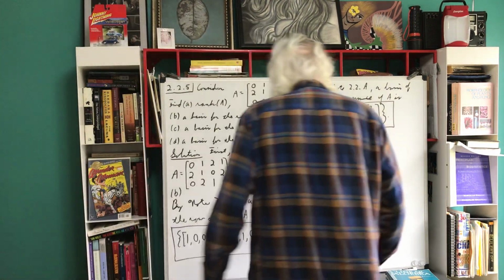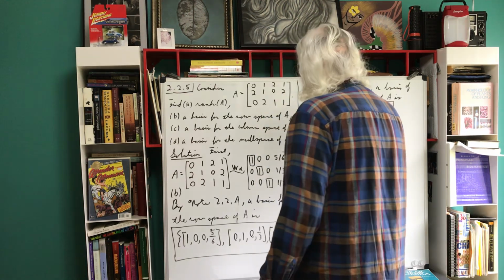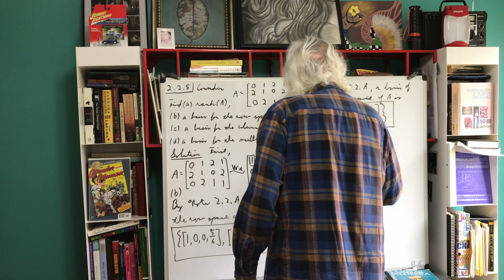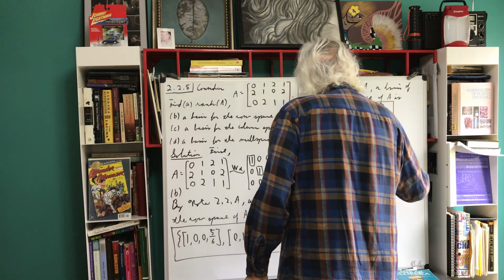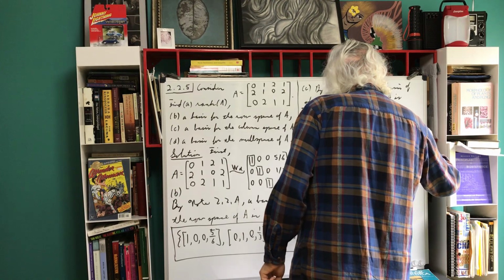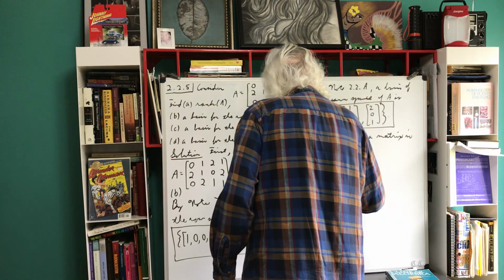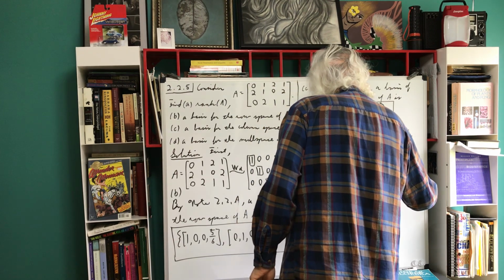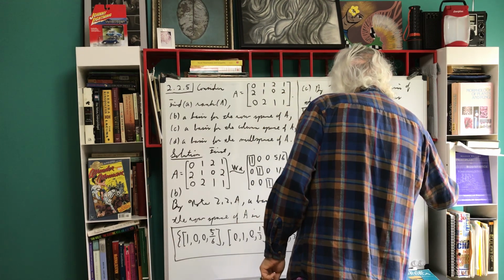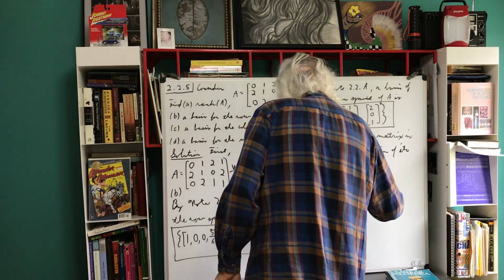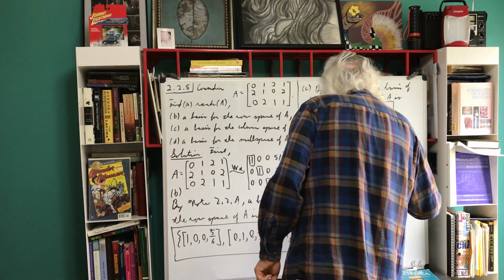Now the rank of a matrix is the common dimension of its row space and its column space.